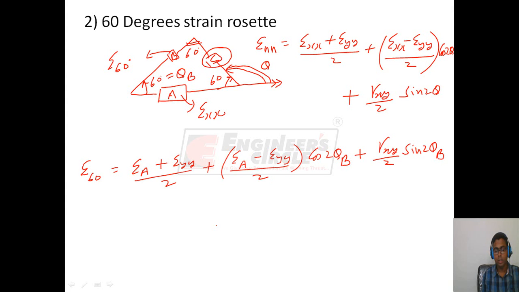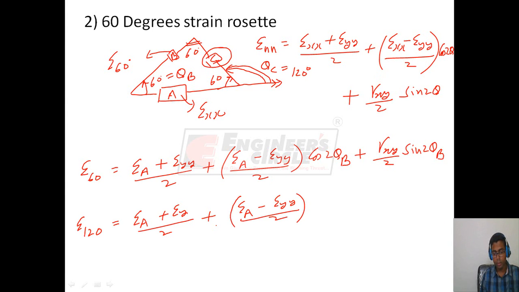So this is theta C and it is equal to 120 degrees. So we get epsilon 120 is equal to (epsilon A plus epsilon yy)/2 plus (epsilon A minus epsilon yy)/2 into cos 2 theta C plus gamma xy/2 into sin 2 theta C.